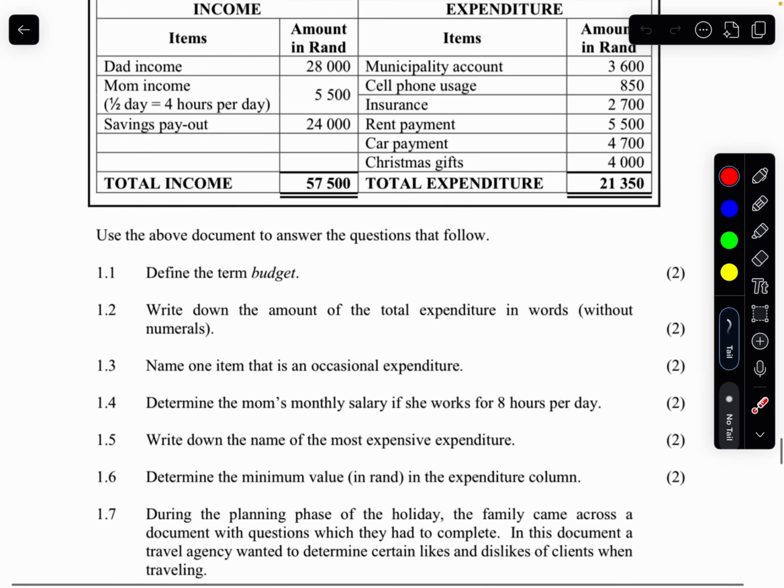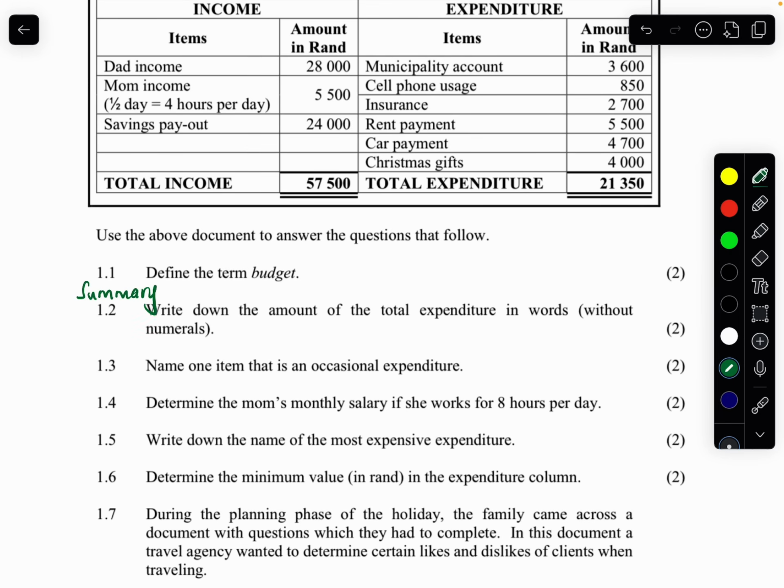Let's cut to the chase. It says use the above document to answer the questions. It says define budget. So, guys, when we talk about a budget, we are talking about a summary of expected income and expenses for a period of time.